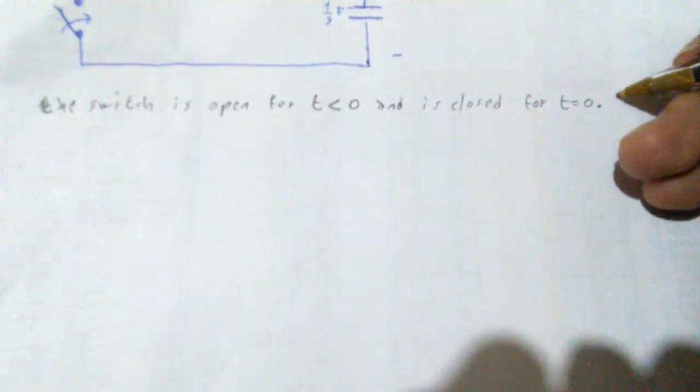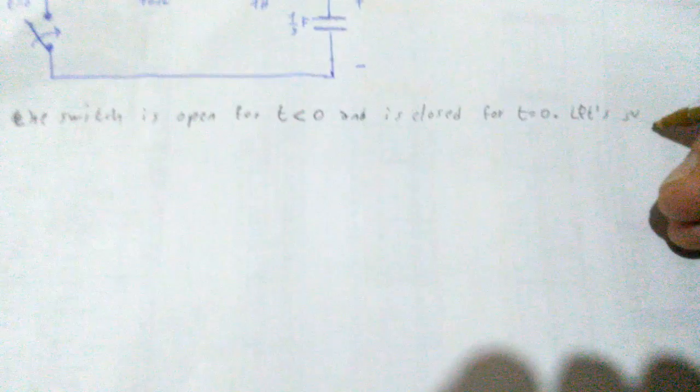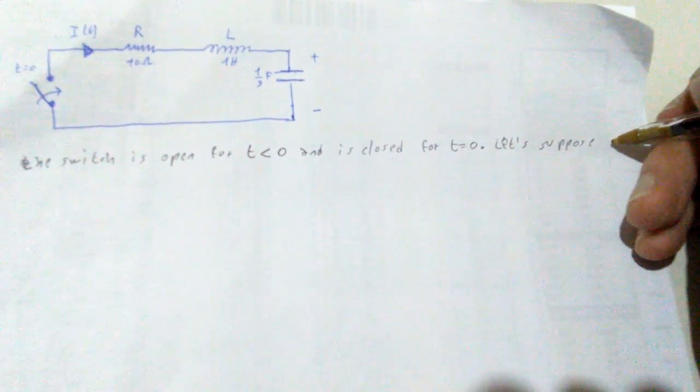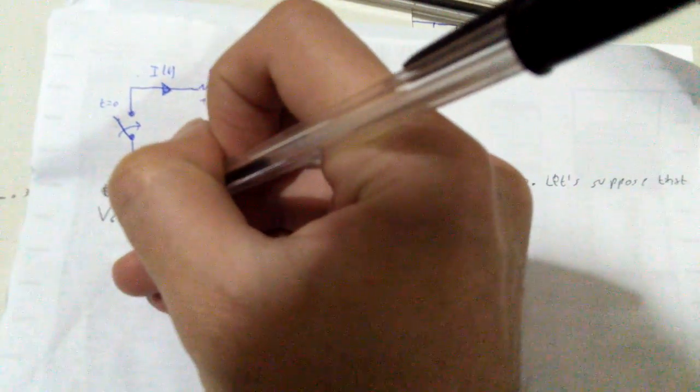So let's suppose that VC(0 minus), I'm going to explain why, is 8 volts.